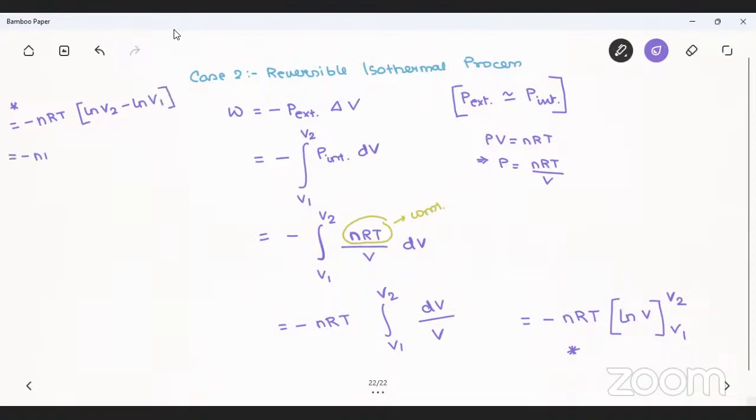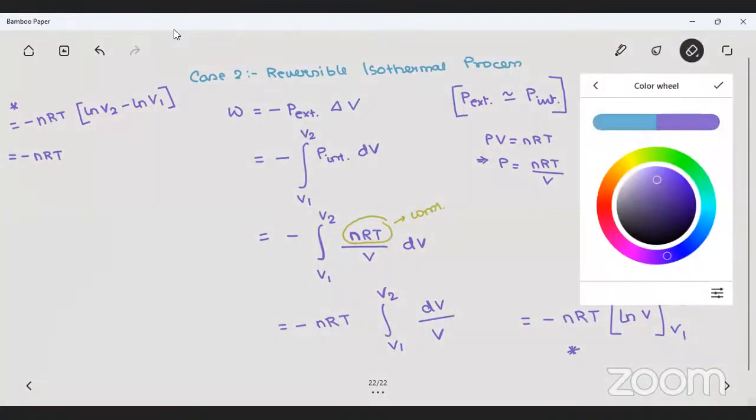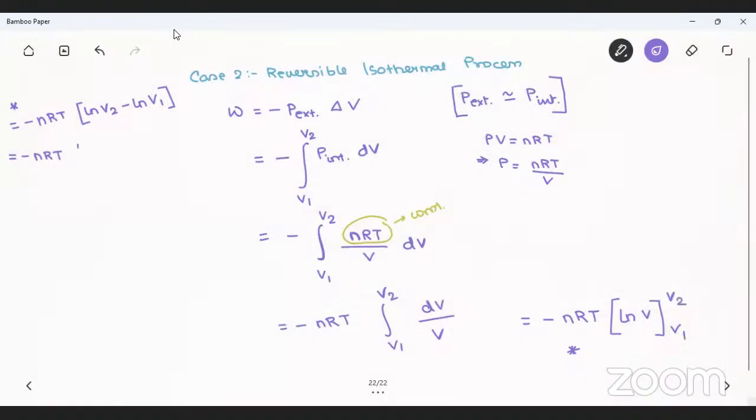So minus nRT, we can write it like this: ln V2 by V1. If you want to convert ln to log, minus 2.303 nRT log of V2 by V1.